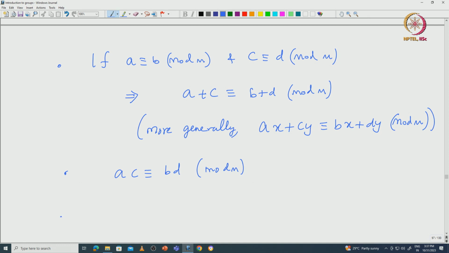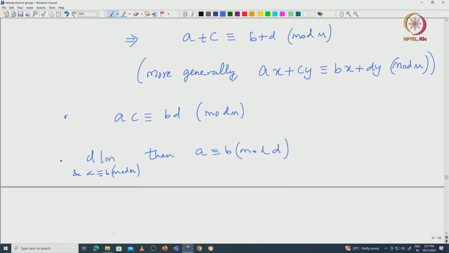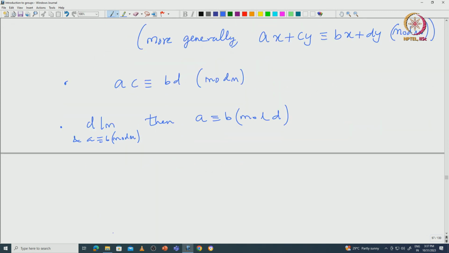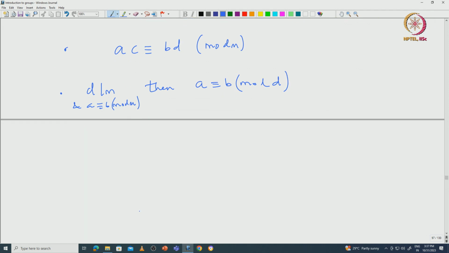Now it is not difficult to see that if d divides m, then a congruent to b modulo m will imply a congruent to b modulo d. And similarly, you can also multiply, there is no issue.